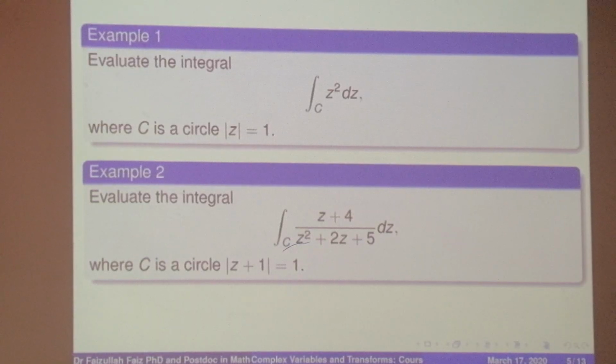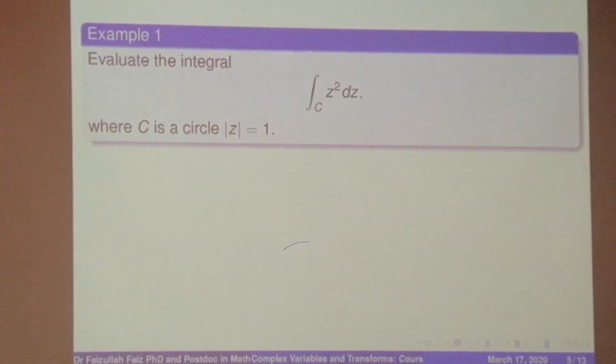We have to find that z square plus 2z plus 5 equal to 0. We have to put this equal to 0, and we have to find the roots. And then we have to show that the roots lie outside of our closed curve. And in that case, by the Cauchy integral equation, the value must be equal to 0. So let us solve the first one.